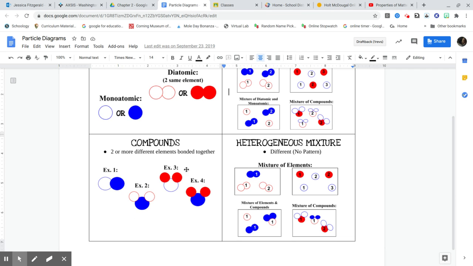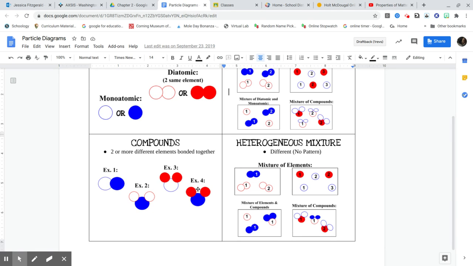The other three examples here are also binary compounds, but it's a ratio of 2 to 1. Okay, so this could represent, say, this is oxygen here, and these would be two hydrogen atoms right here, because you have two hydrogen, one oxygen. So again, these are two of the same atoms. This one right here that's open and outlined in blue is a different element or atom.